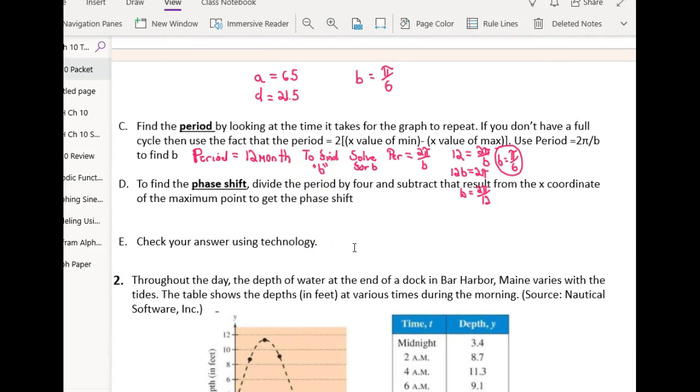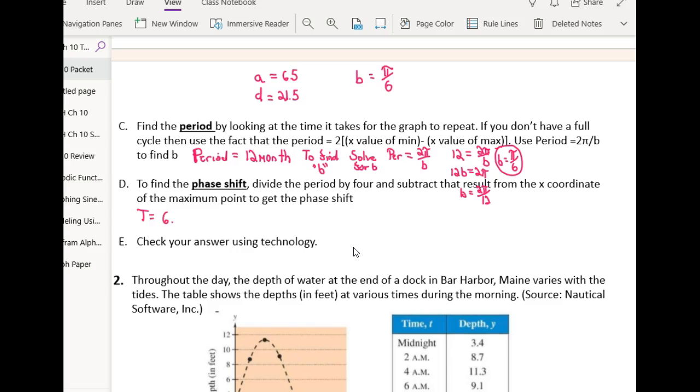This is what we've got so far for our equation. I'm going to write it out.